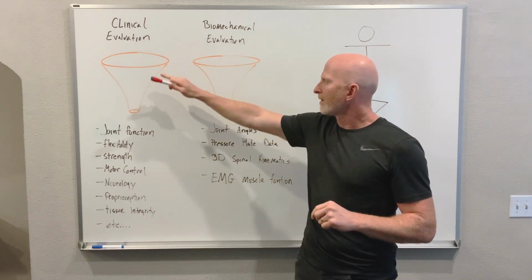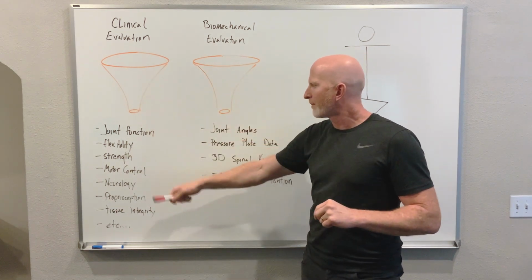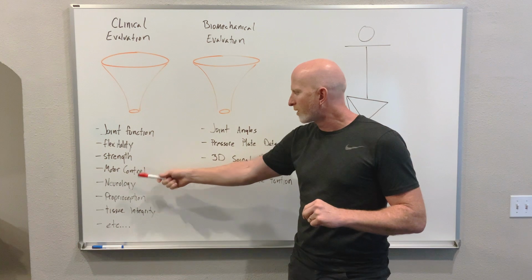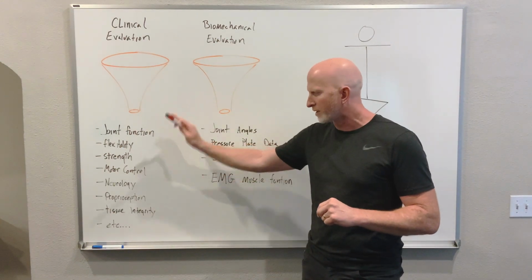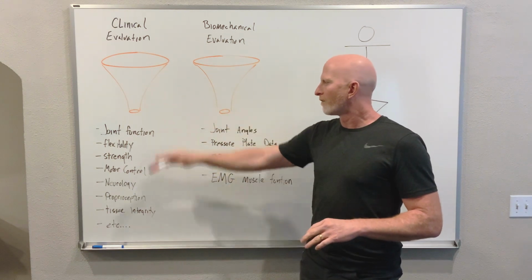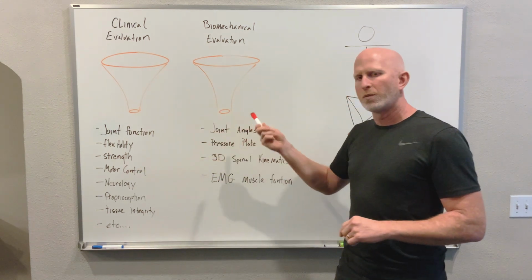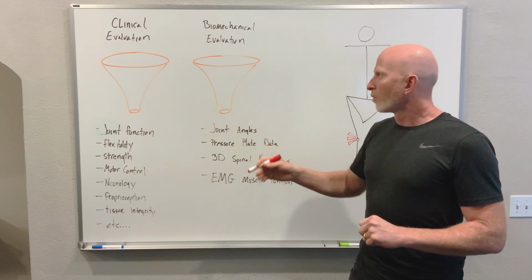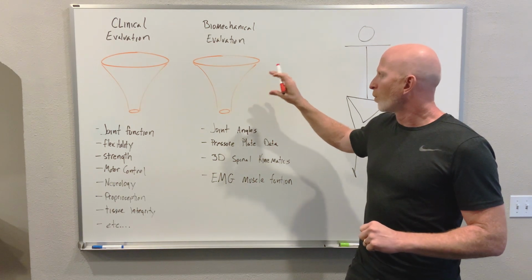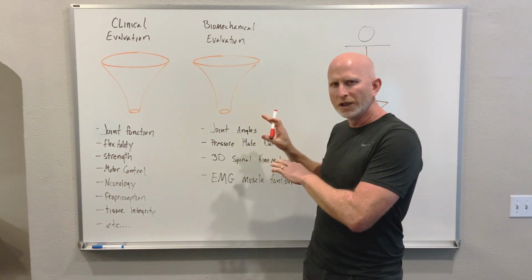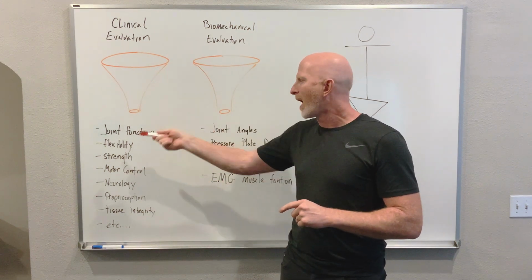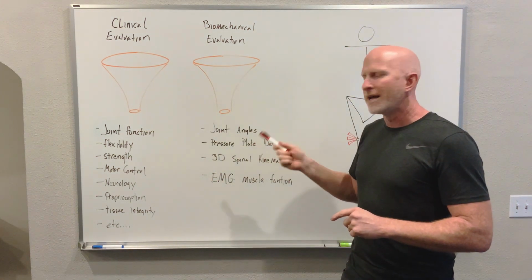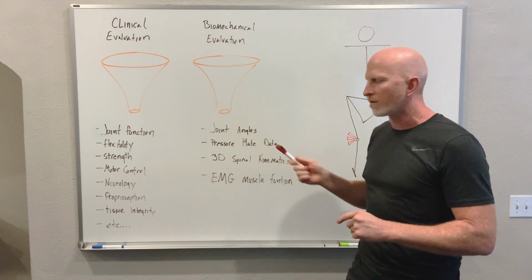And once we get to the end of that, then all of the information that we get about your joint function, flexibility, your strength, your motor control, your neurology, your proprioception, your tissue integrity, etc., this list can go on forever. This really informs us as to why we find what we find biomechanically. So that when we go into the biomechanical evaluation, once we can actually see the dysfunction, we can trace it back to the clinical evaluation to figure out why you have the biomechanical dysfunction and therefore how we need to fix it and correct it.